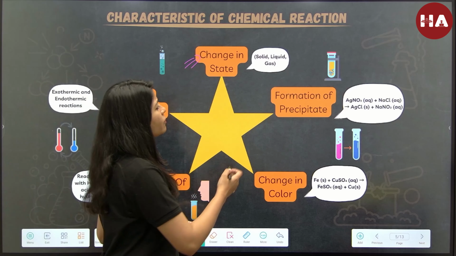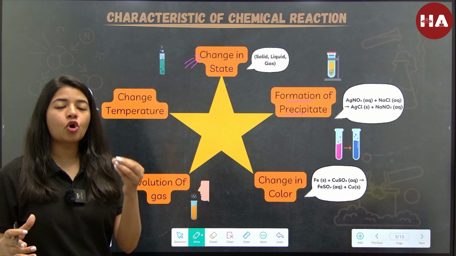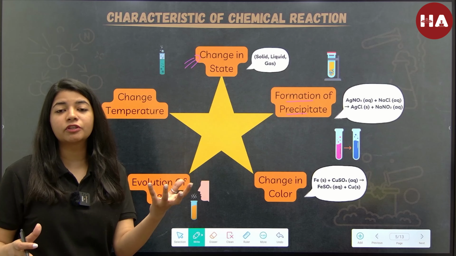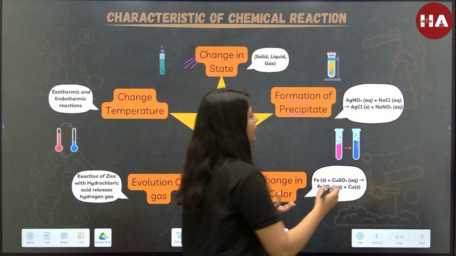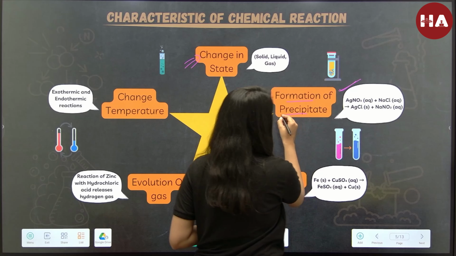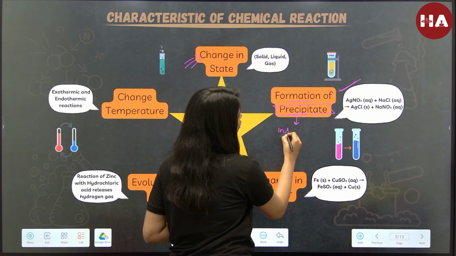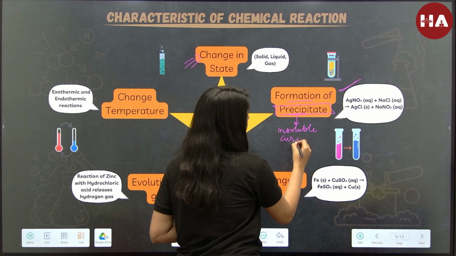Next is formation of precipitate. If in any reaction a solid, or I can say solid insoluble curdy mass, which is also known as precipitate, has formed, then we can say that a chemical reaction has taken place. So what is a precipitate? Let me write down over here. It is insoluble curdy mass.